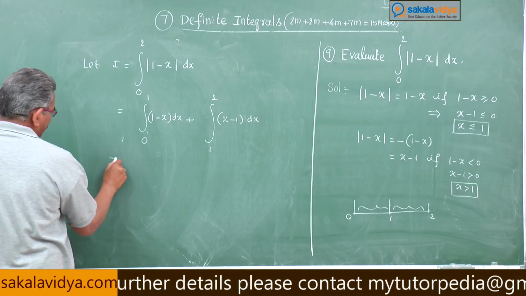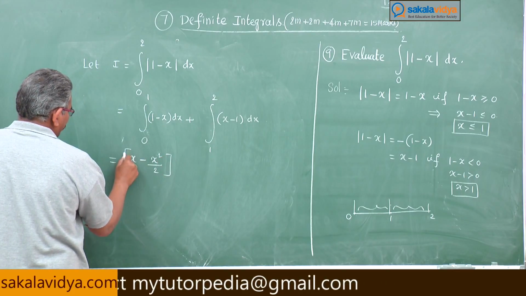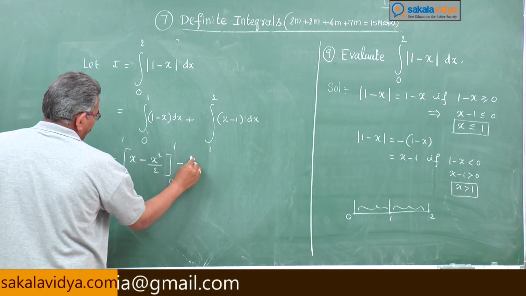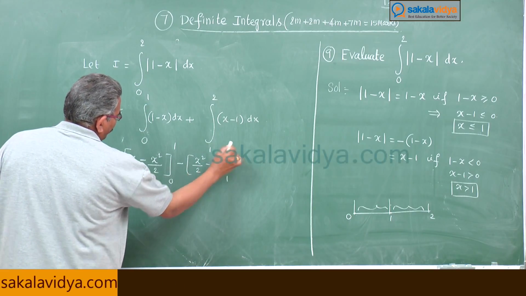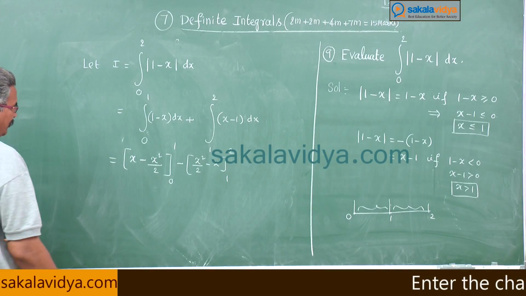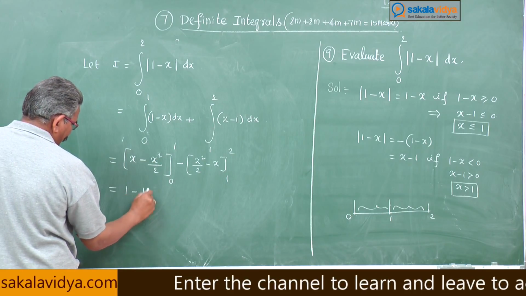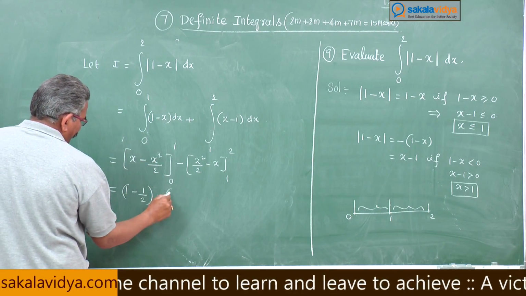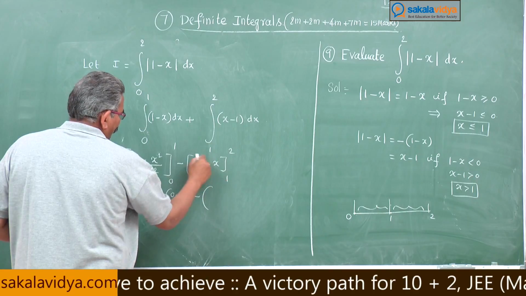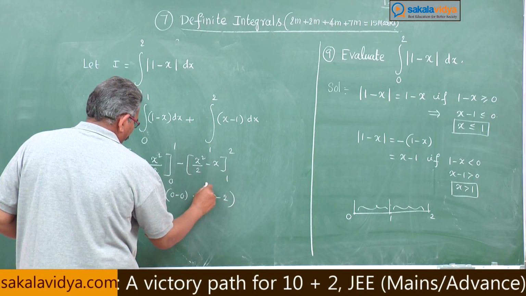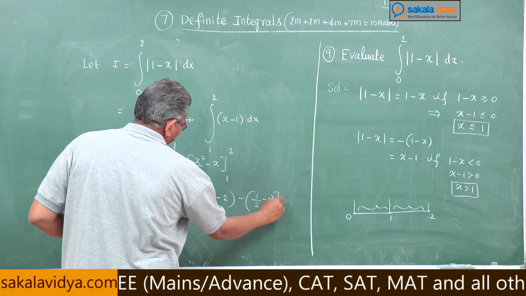Okay. This is x minus x square by 2 with limits 0 to 1, plus x square by 2 minus x with limits 1 to 2. Let us substitute. The first one will be 1 minus 1 by 2, minus of 0 minus 0, and then 2 minus 2, minus of 1 by 2 minus 1.